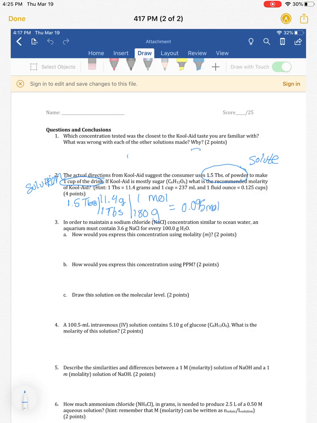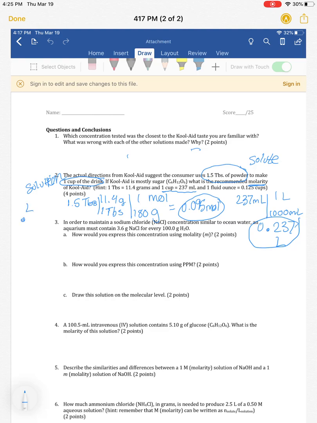And then a cup, well, I see here that a cup is 237 milliliters. So I'm going to divide that by 1,000 to get liters. And I get 0.237 liters. And then molarity is just to take your moles divided by your liters, and you get 0.4 molarity.